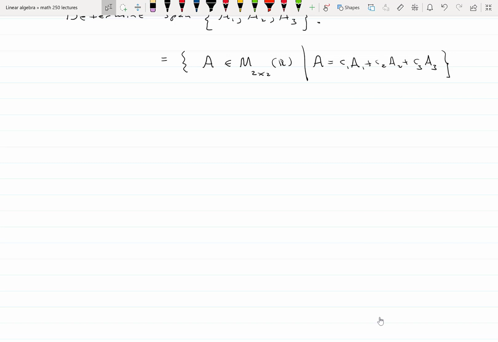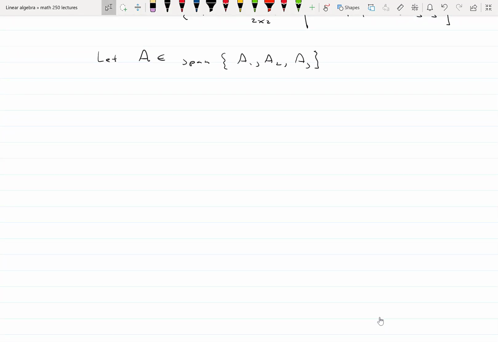Let's get an idea what this particular subspace of V, the set of all 2 by 2 matrices, looks like. Let A be in the span of A1, A2, A3. Let's see what a typical element A looks like.